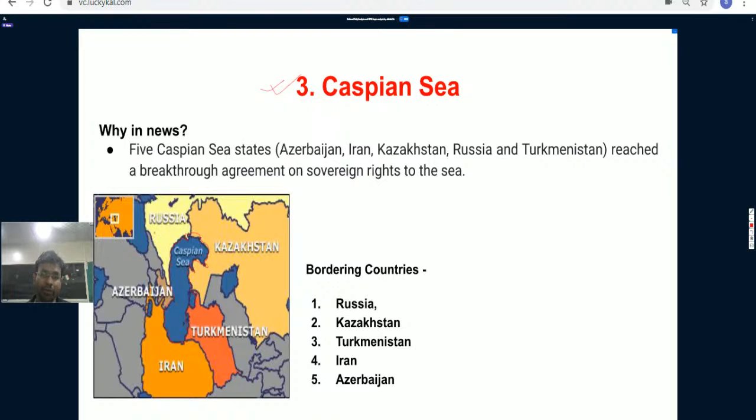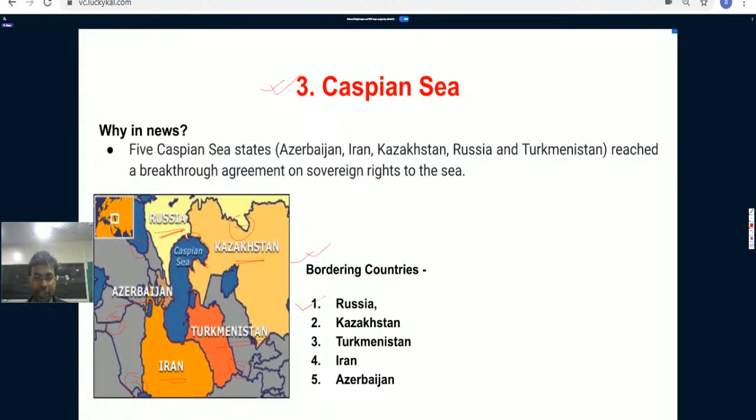One of the countries is Russia, you can see. Second is Kazakhstan. Third is Turkmenistan. Fourth is Iran. Fifth is Azerbaijan. These are the 5 countries that share coastline with the Caspian Sea. I have written their names over here also.